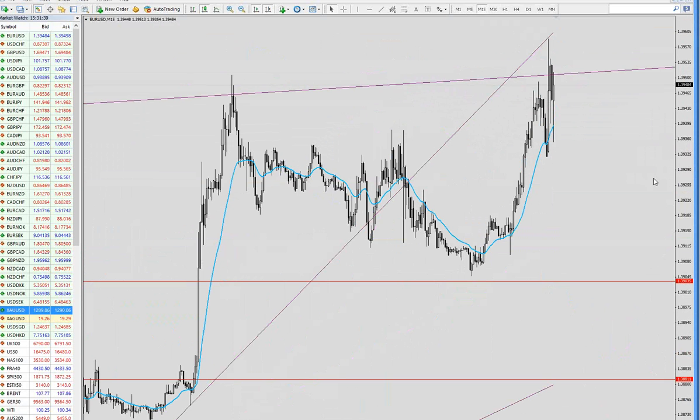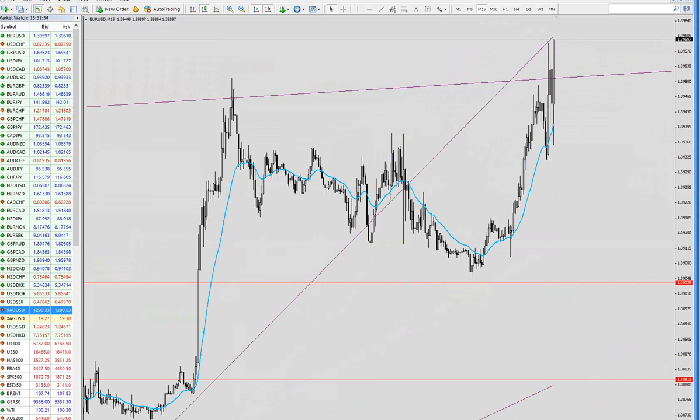Now we have 15-minute chart. So the maximum pullback we had, it was here. Let's see. So 70 first level, 44 as a second level, 39, 38.80 and 60 as a second on the downside.